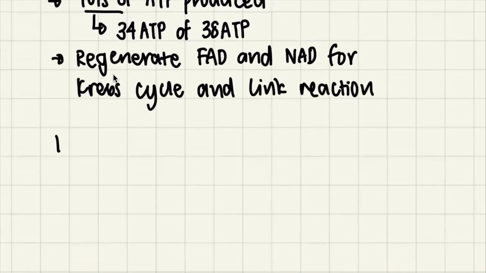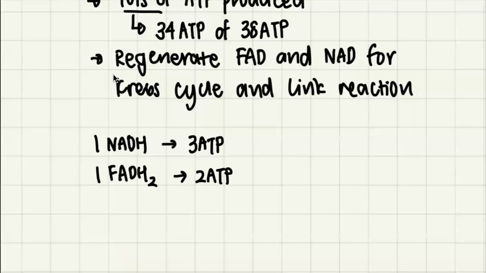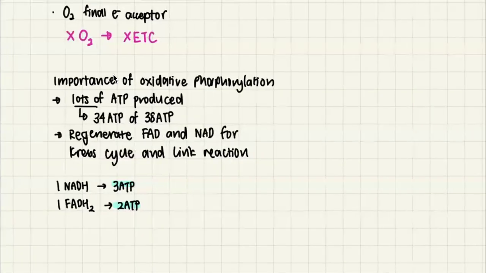Okay, and 1 NADH gives you 3 ATP, 1 FADH2 gives you 2 ATP. Okay, but this number can vary, so make sure you check the question context. I think in one of your tutorial or assignment questions it is not exactly 3 or 2, so just follow what the question says.